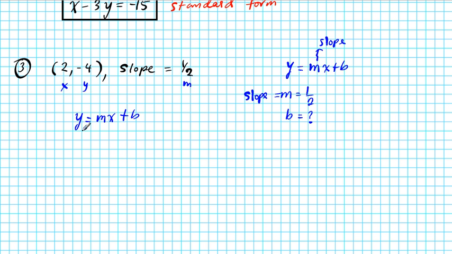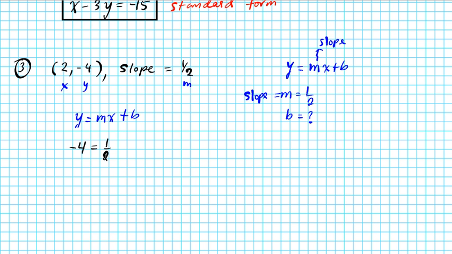Alright, so let's do it. So we're going to have -4. Let me use a different color. If I make the substitution, I'm going to have -4 equals m, which is 1/2, times x. Oh wait, x is 2, right? So we're going to plug in 2 for x.